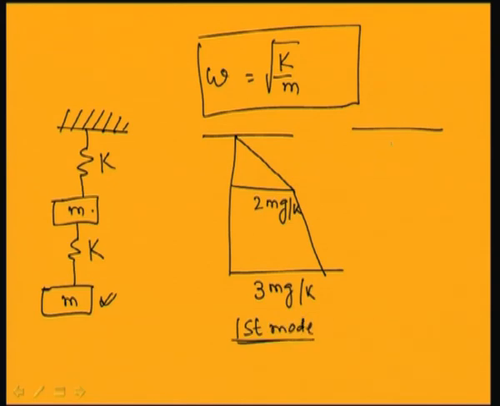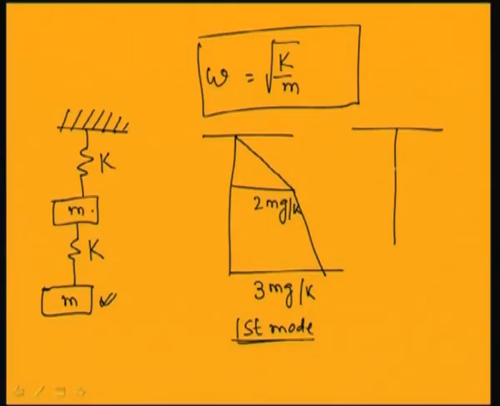In the second mode, I know that in the first mode both the masses are moving in the same direction, and in the second mode the first mass and the second mass will move in opposite directions. So, let me keep the first mass the same, that is 2 mg by k, but the second mass will move in the opposite direction, so I can take minus 2 mg by k for the second mass.